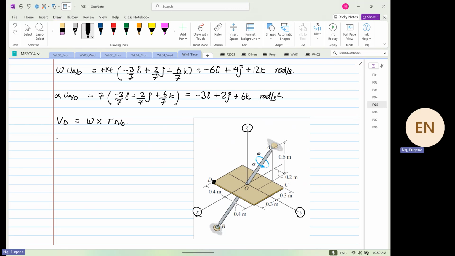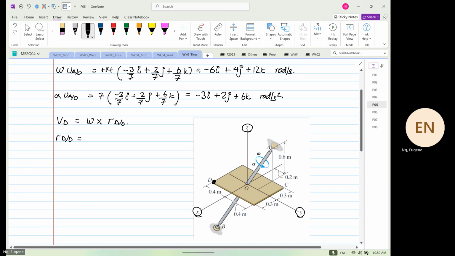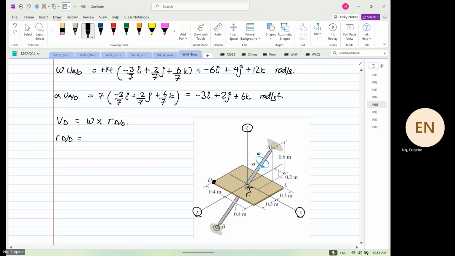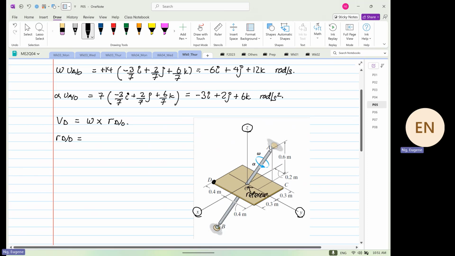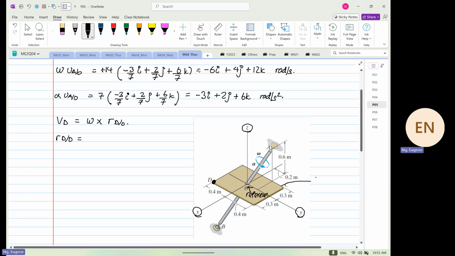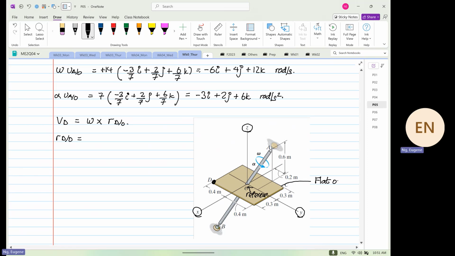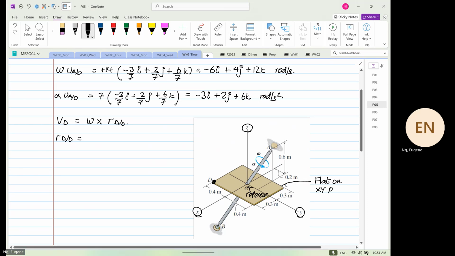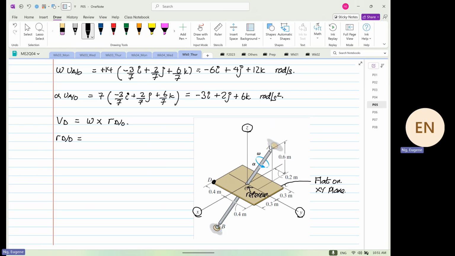So RD, or point D from O. O over here is your reference now. And you realize that the plate is flat on the XY plane. Because of the fact that it's flat on the XY plane, the J component is equal to 0.